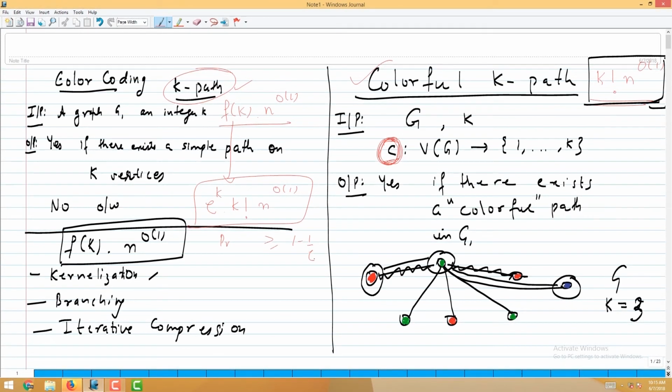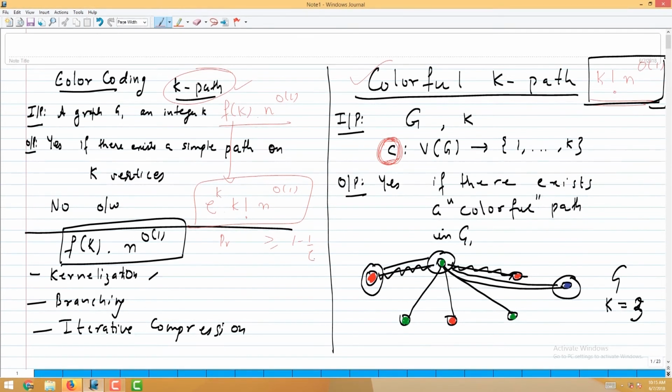Of course, it's not true for any general structure. For example, if the structure was a clique, if I asked you to find a clique on k vertices, forget color coding, you cannot find a clique on k vertices in f of k into polynomial in n time. That's a hardness result: people don't believe that such an algorithm exists for clique.